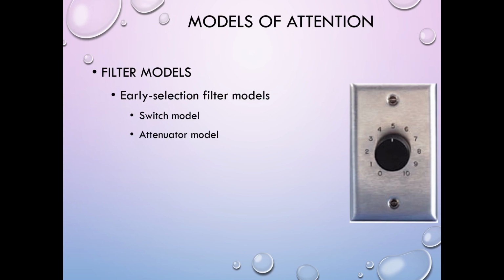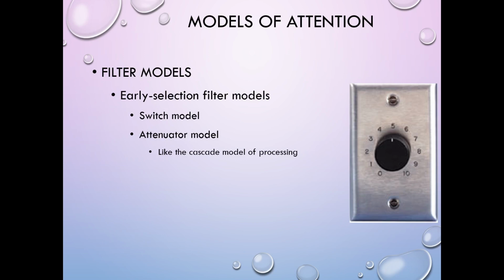The attenuator model says you can apply some degree of attention to whatever stimuli are in the environment. It's like the cascade model of processing that I introduced in the very first chapter, where the idea is you can kind of divide your attention among multiple things.